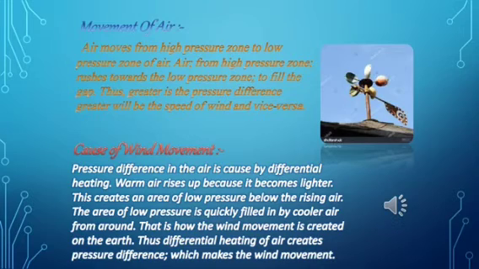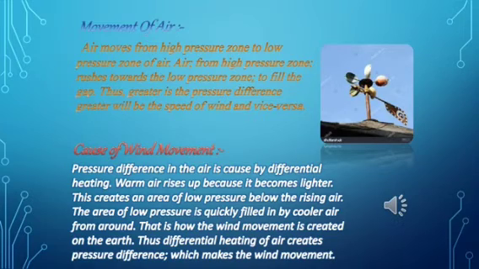Now what happens when it is rising up? It will create an area of low pressure below the rising air. So that area becomes an area of low pressure, and this area of low pressure is filled by the cooler air from around. Did you understand? That is how this wind movement is created on the earth.